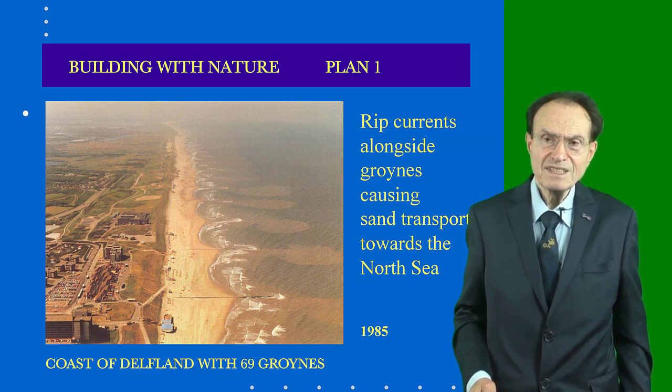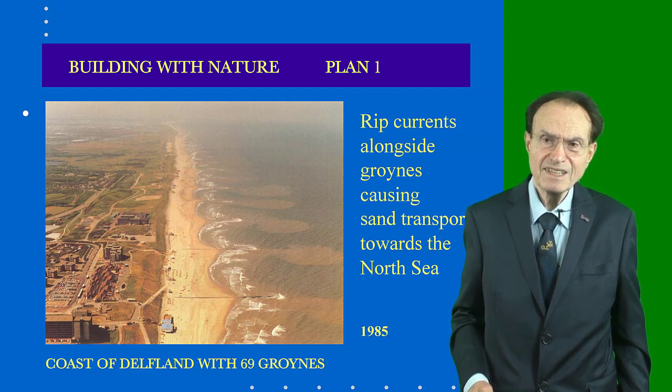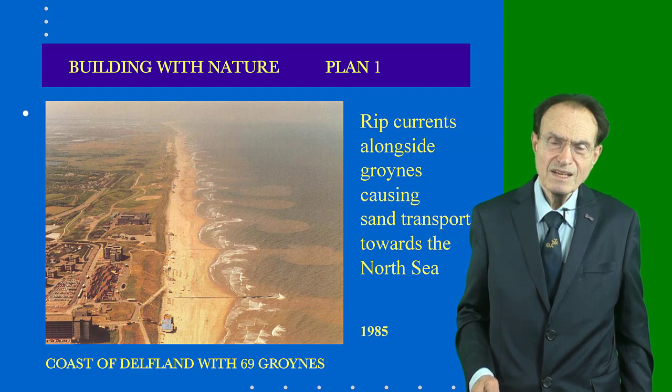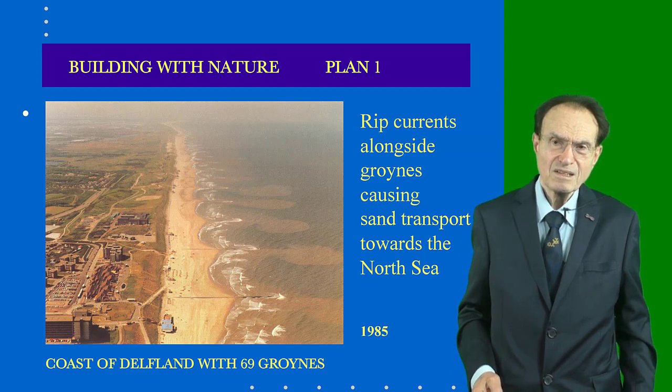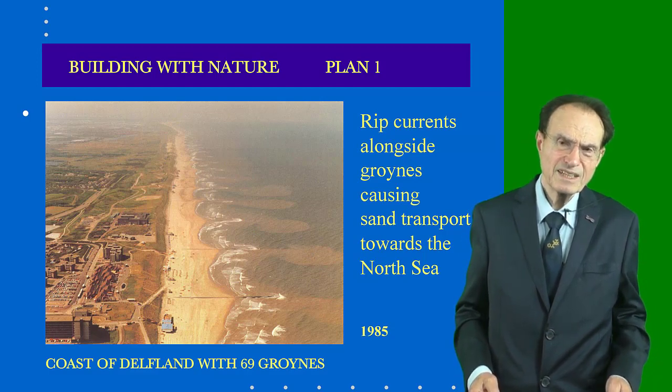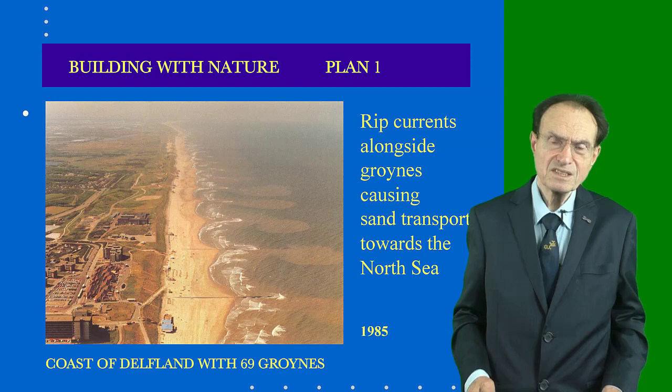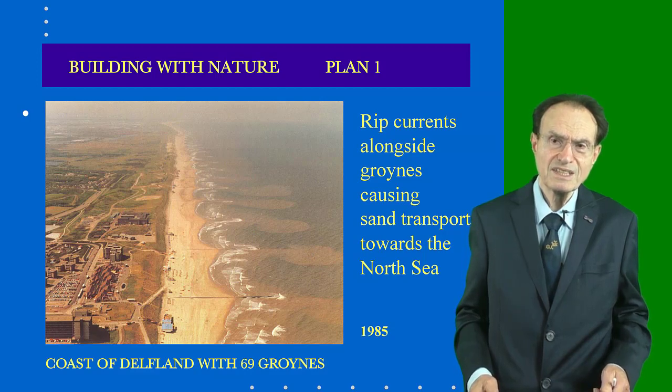Here you can clearly see the negative effects of these groins. And we already knew that negative function because as a child or as a grown-up visiting the beach near Scheveningen, we were given or gave the warning, do not swim along these groins, because they initiate rip currents which can carry you away from the coast.